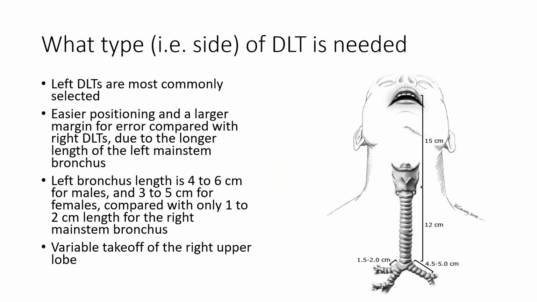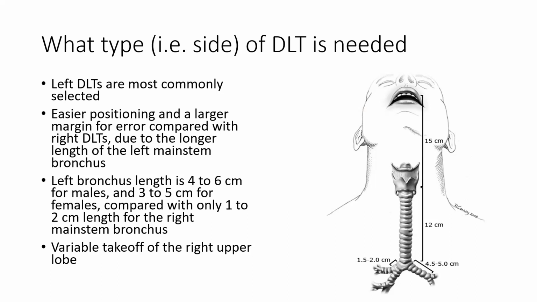Okay. So clinically, before we perform intubation, we have to ask which type of double lumen tube should be used. As I mentioned earlier, the left double lumen tube is most commonly selected due to the higher margin of error. Why is it so? Because in a normal adult, the left main bronchus length is about 5 cm compared to the right main bronchus, which is about 2.5 cm. So it is easier to intubate and ensure correct positioning of a left double lumen tube compared to a right double lumen tube.